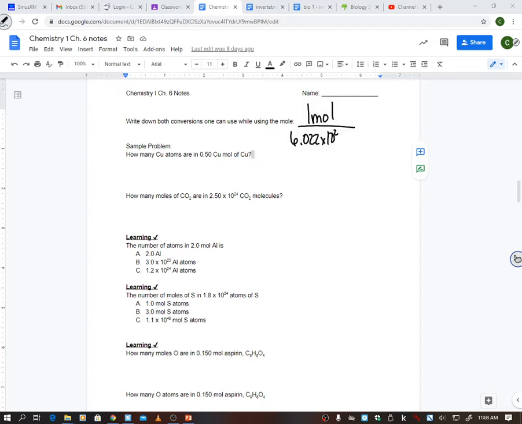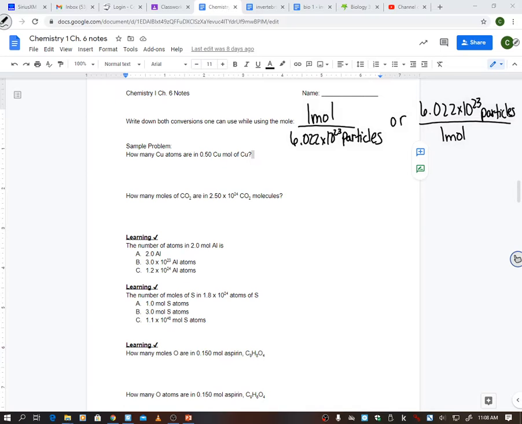I'm going to write particles because I'm either going to be looking at atoms or molecules, something like that, or I can have this number on top over 1 mole. And it's so funny, the abbreviation for mole, you just take the E off, so it's MOL instead of MOLE. It's not much of an abbreviation, but that's what I'm doing.